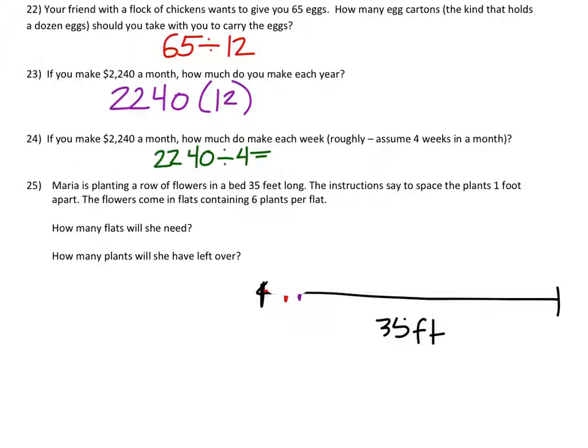So if I have a plant here on the end, then I've got another foot for the next plant, another foot for the next plant. So in other words, I could put 35 plants in this, which means I'm just going to simply divide this. 35 divided by 6. And that would tell us how many flats she needs. It looks like she's going to need 6 flats. And then she would have one plant left over.